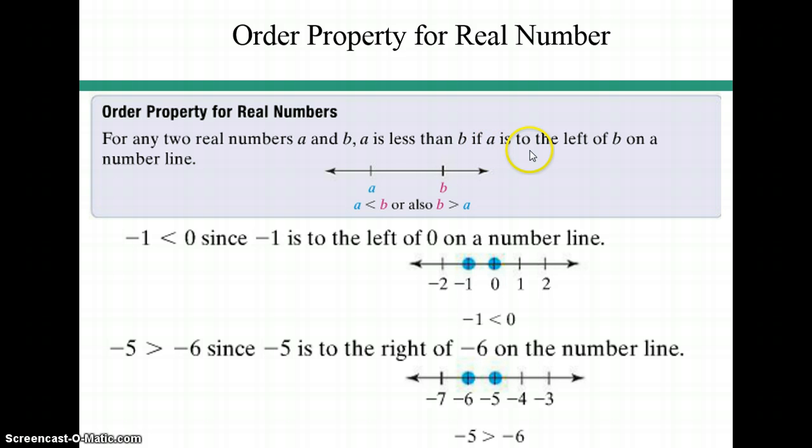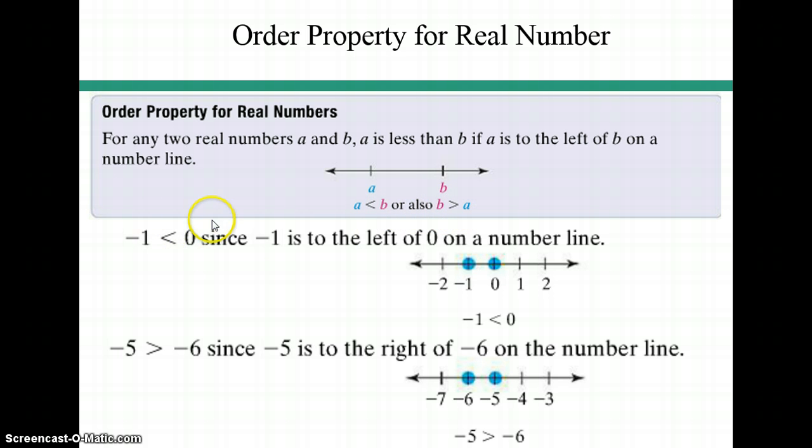If A is left of B on this number line, then A is less than B, or B is greater than A.